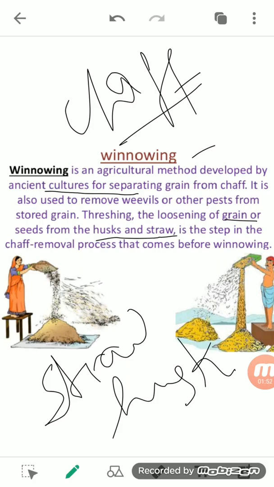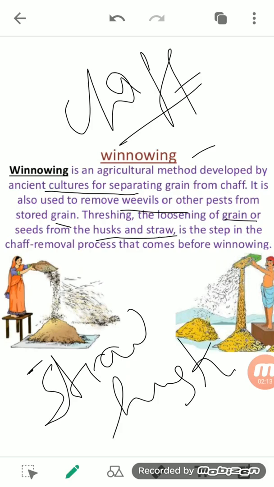Okay, now see here. It is used to remove the chaff or other pests from the stored grain. You can see here a lady standing at a certain height, keeping the chaff and the grain together. When she winnows it, what will happen?